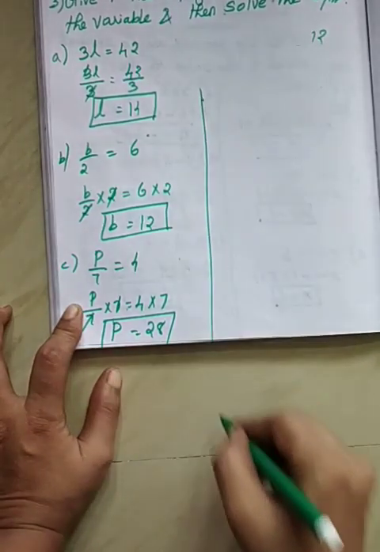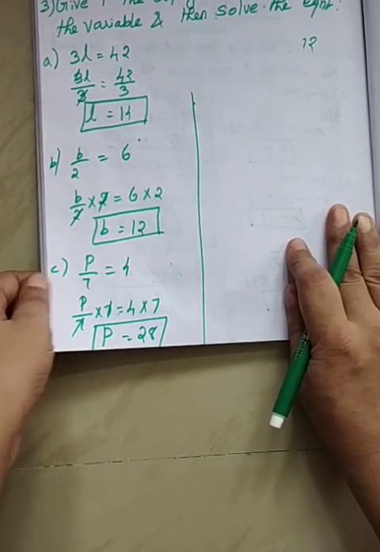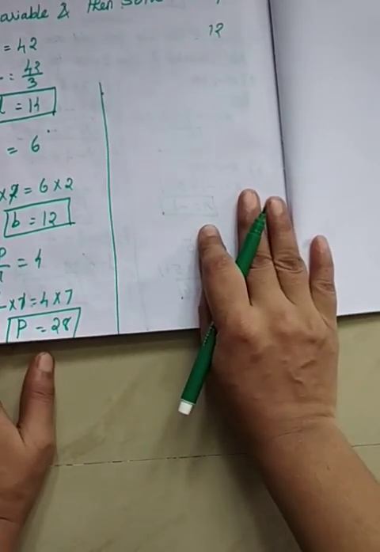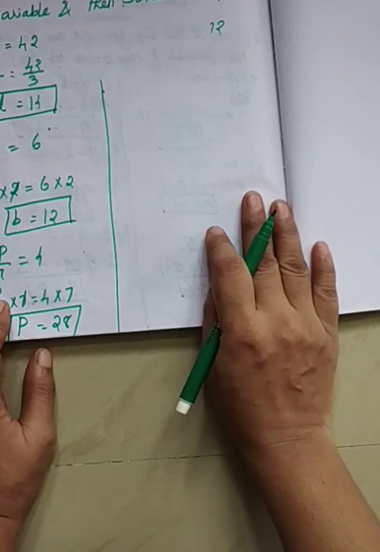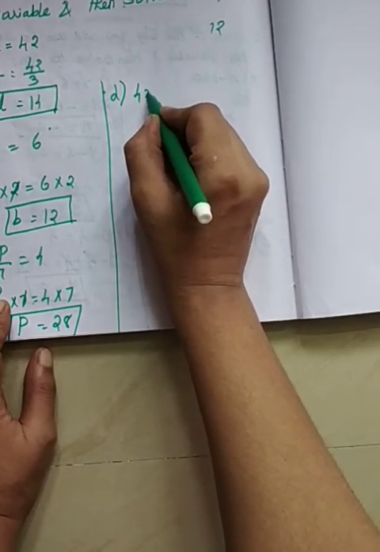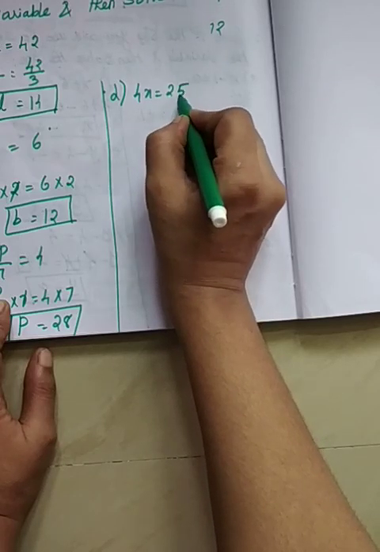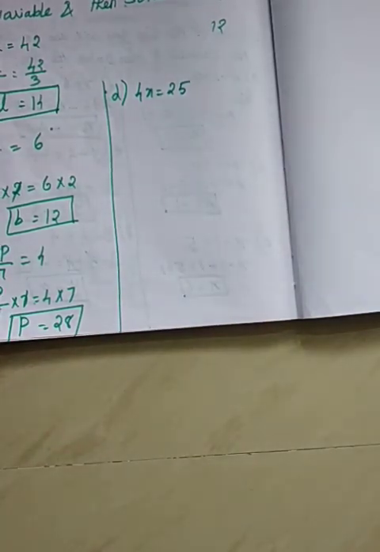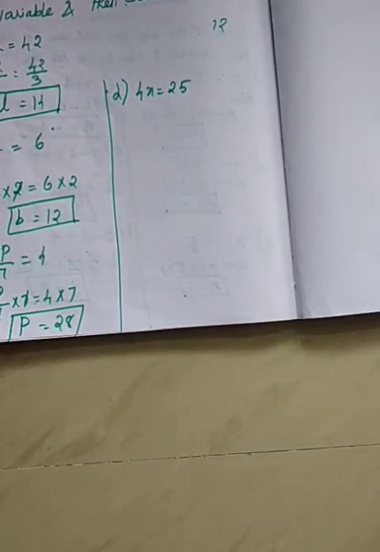Okay. Now see the next problem. Suppose you have to take 4x is equal to 25. 4x is there. So you have to remove the 4, meaning what do you do?